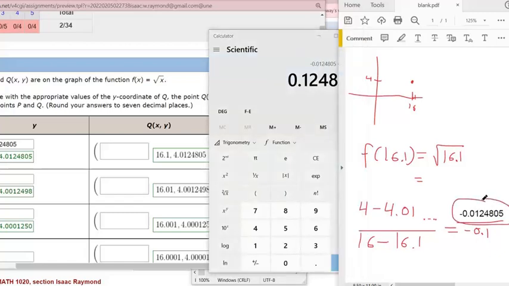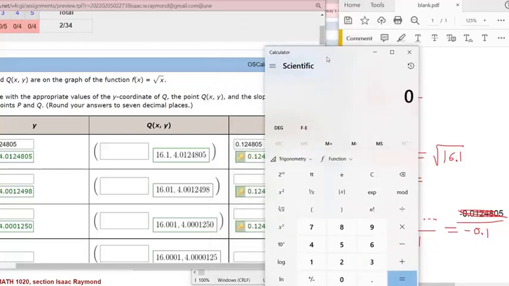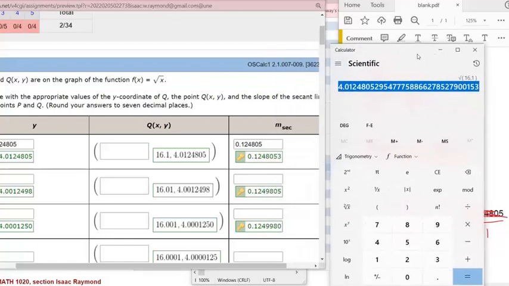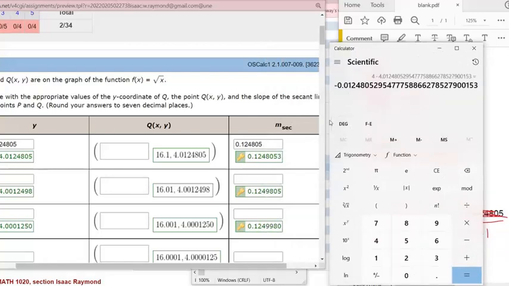Okay, so this number up here I'm actually not going to use. I'm going to go back and redo this. 16.1, if I take the square root, there's our number without the decimal cutoff. And for WebAssign, unfortunately, we have to use the non-cutoff version or else it's going to mark it wrong. So for the calculations, we've got to use the longer decimal version, and then cut the answer off to 7 decimal places. 1, 2, 3, 4, 5, 6, 7.